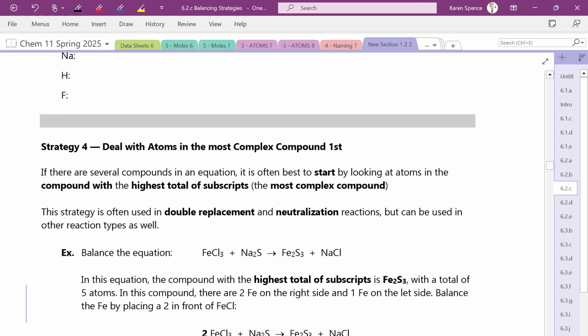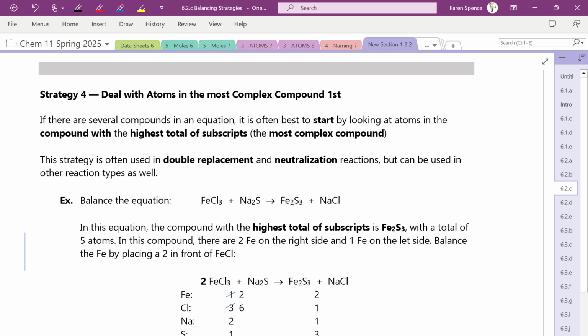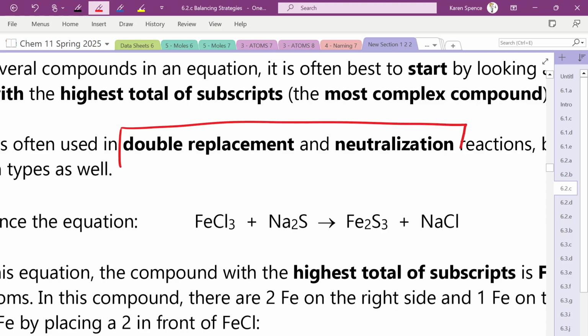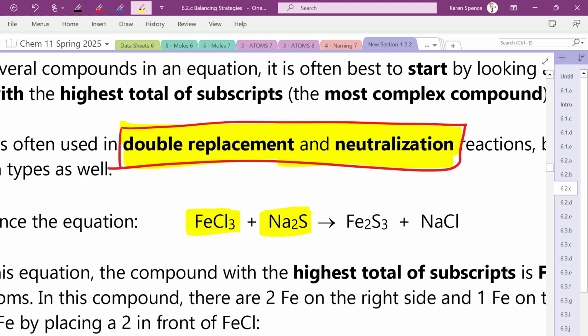Okay. Strategy number 4, this is really good for double replacement and neutralization reactions. This is one that's specifically good if you see that you have a compound and a compound.